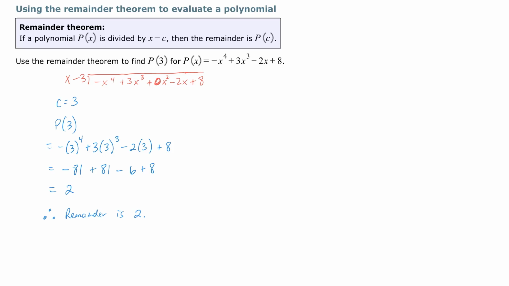Let's use synthetic division to check. You know, our C is actually 3, so we could put this in the upper left-hand corner. We take the coefficients of your polynomial, and remember, you bring down the negative 1, and then you simply multiply and add.